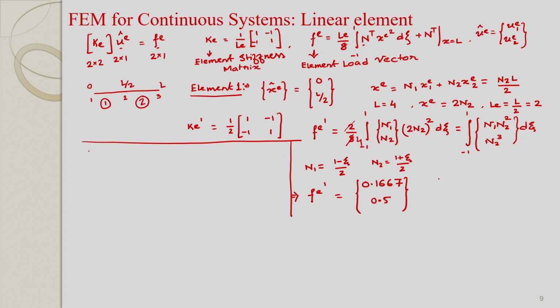So, this is our first element load vector. For element 1, this is our element stiffness matrix, which will be multiplied with U1 and U2, and this is our element load vector.